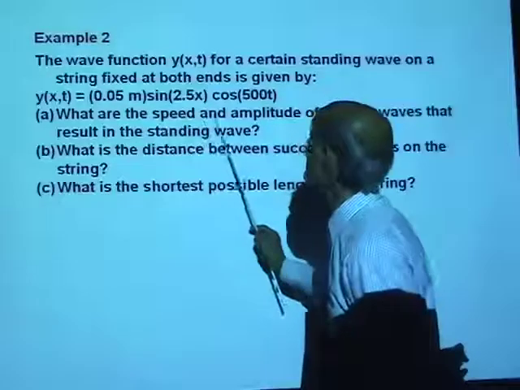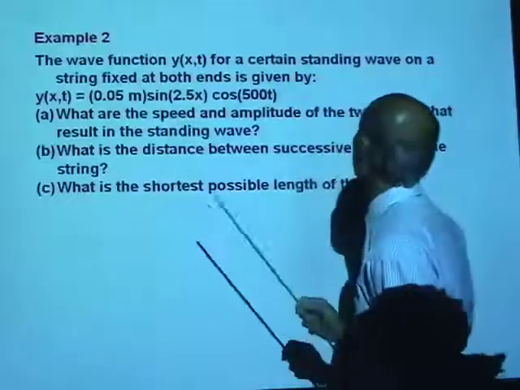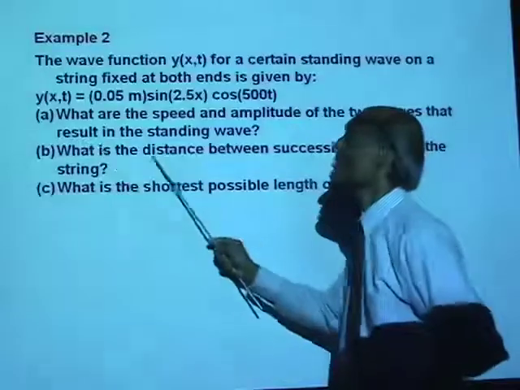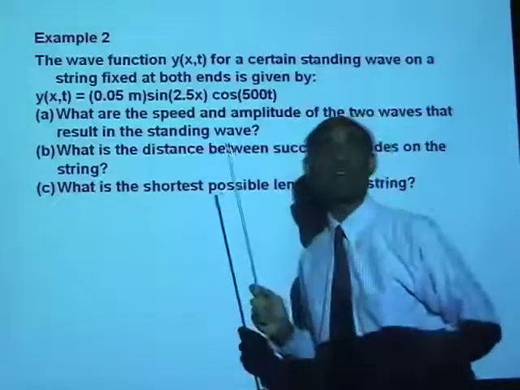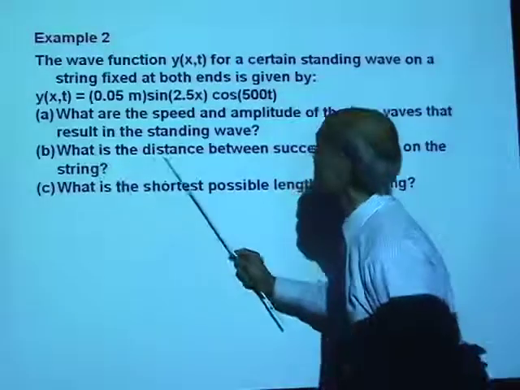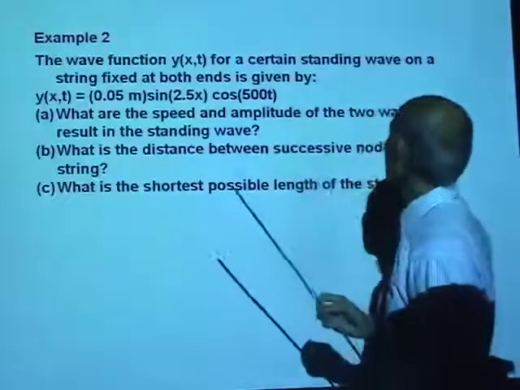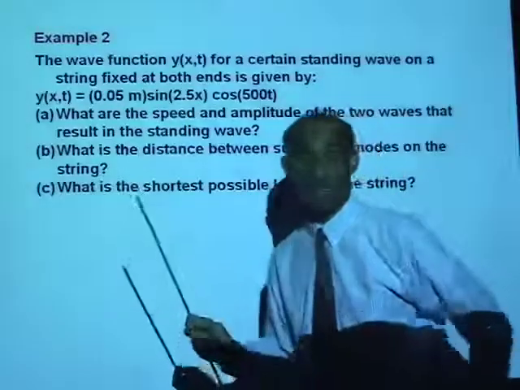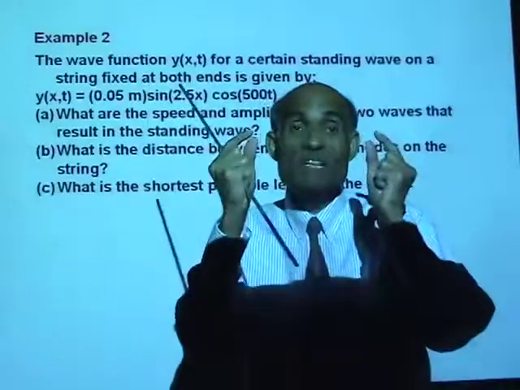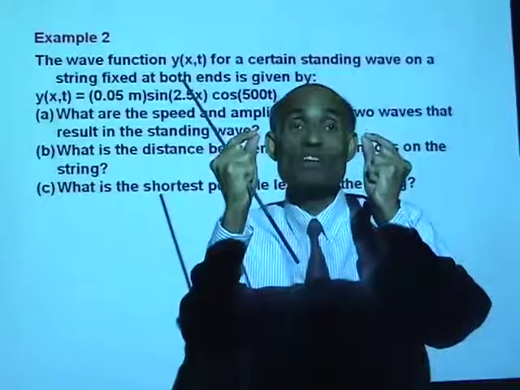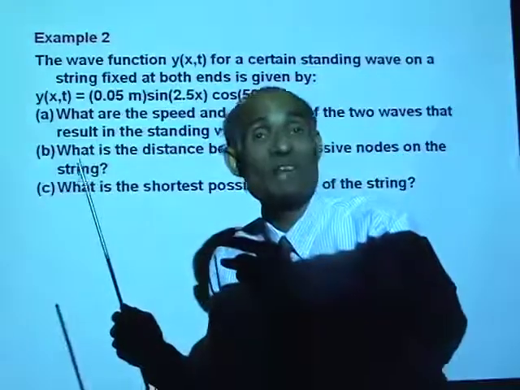What are the speed and amplitude of the two waves that result in the standing wave? What is the distance between successive nodes on the string? Remember, the distance between successive nodes is equal to half of the wavelength.